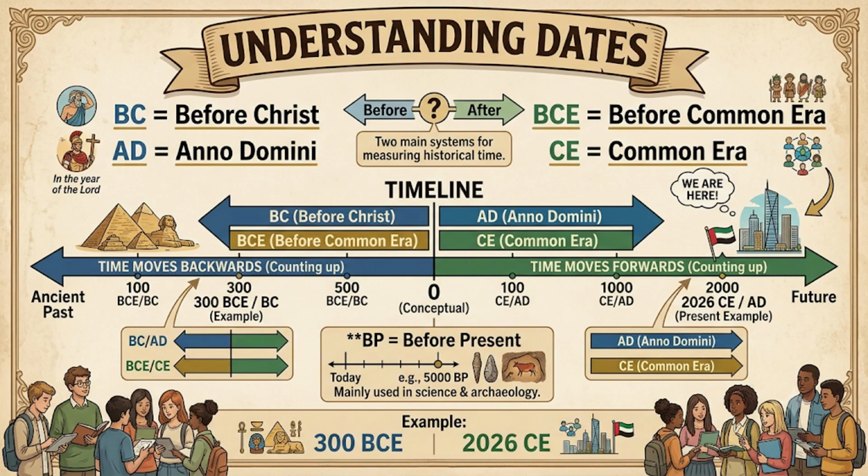You may also come across BP, which means before present. For example, 300 BCE means 300 years before the Common Era. 2026 CE means the year 2026 in the Common Era. Remember, BCE and CE are modern alternatives to BC and AD.